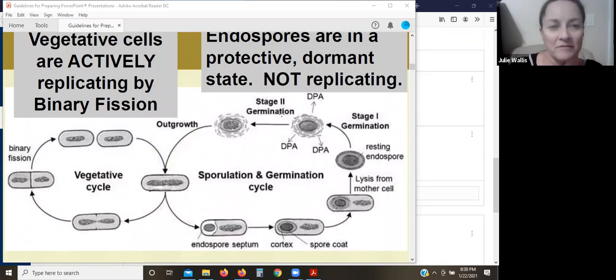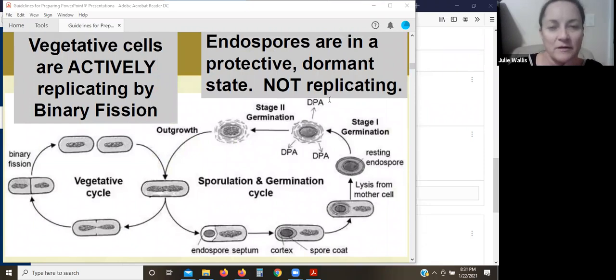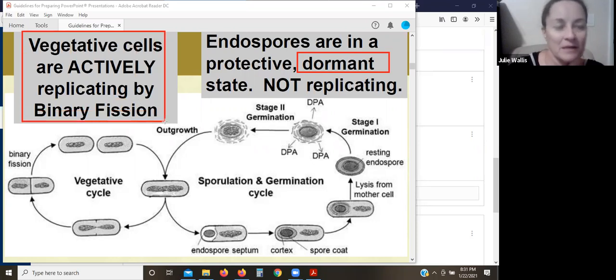All right, we talked about the fact that some bacteria form endospores. Remember that an endospore is a dormant state of the bacteria. You can think of it like hibernation, because it's in a harsh environment and wants to not get destroyed or killed. When it is back in a nice, moist, warm environment, it can return to a vegetative state.